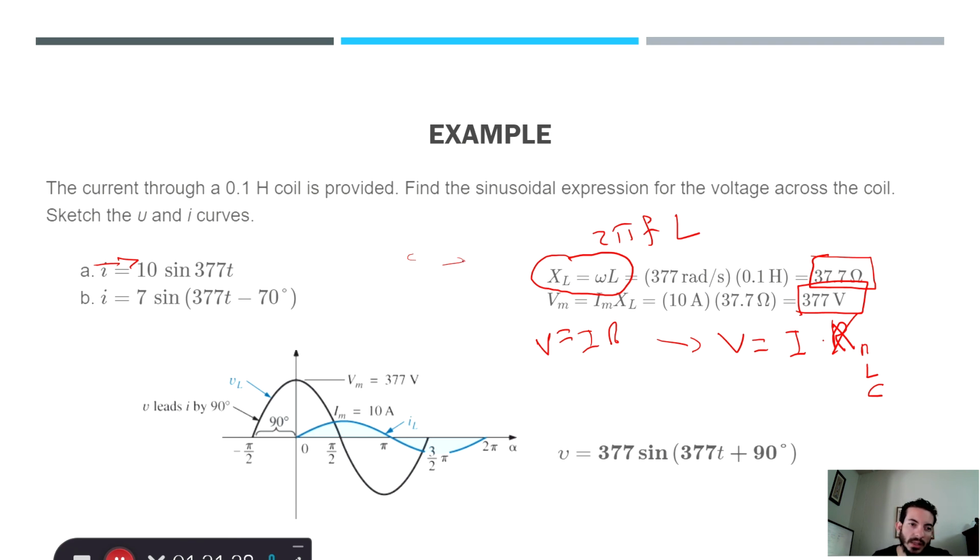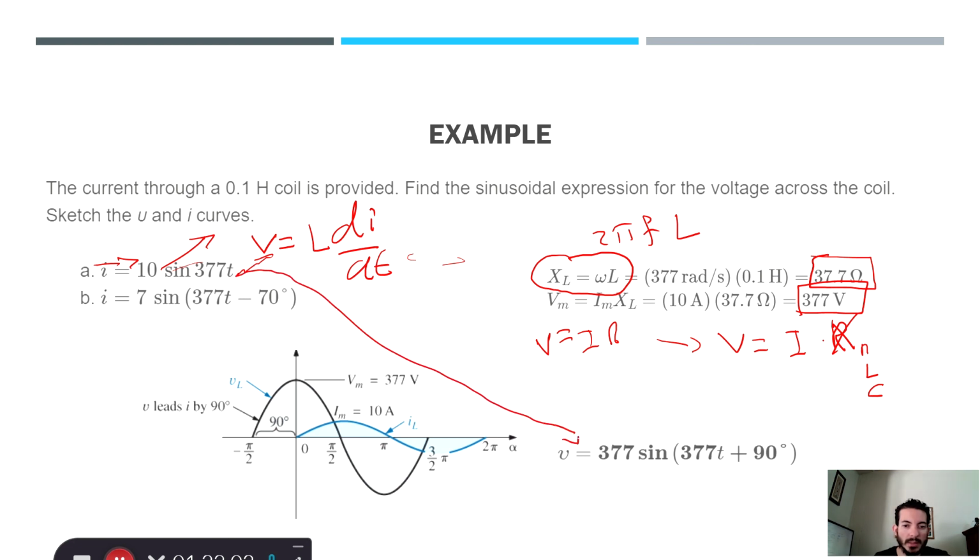If they give you the current, you just need to remember that the voltage equals L di/dt, and the derivative of sine is cosine, but cosine is equal to sine with an offset. So the voltage is 377 sine of omega t with an offset of 90 degrees. It's pretty simple.